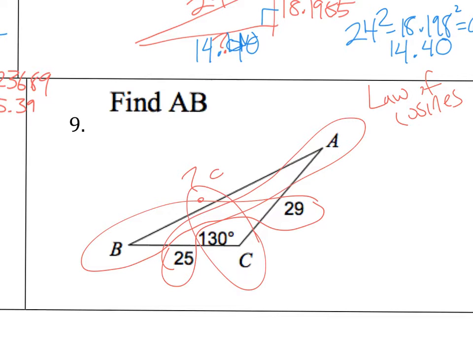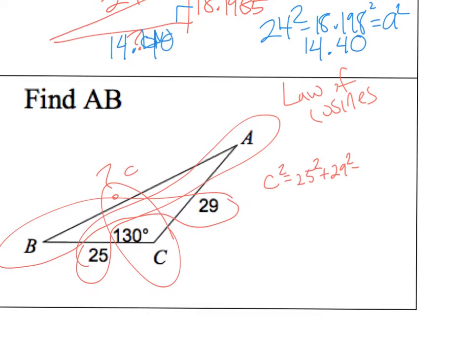Law of cosines is going to be c squared is equal to a squared, a is 25, plus b squared, b is 29, minus 2 times a, 25, times b, 29, times cosine of 130 degrees.